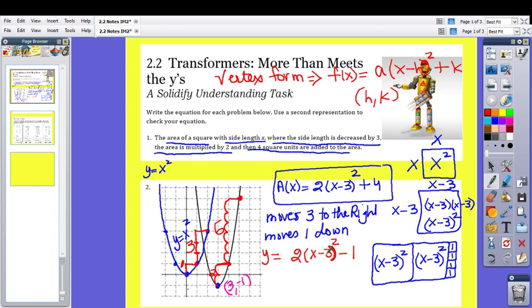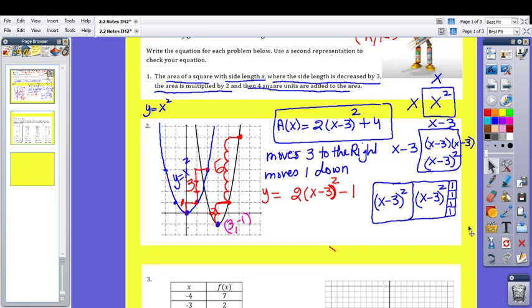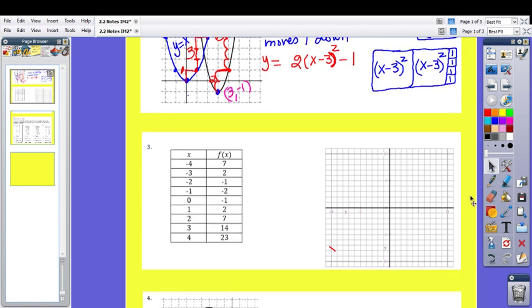So look how this is 3 and look how this is take away 1. So these are the same as h and k, and this 2 tells you whether it is shrinking or expanding. So this is how the numbers that you have in your equation tell you about the function's movement on the graph. Now let's do a third one.